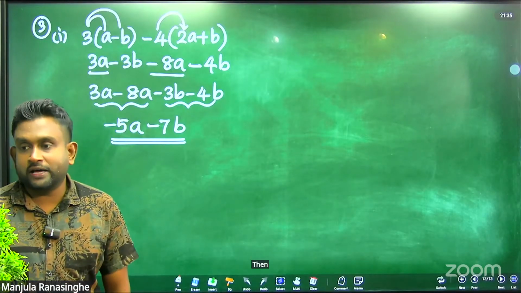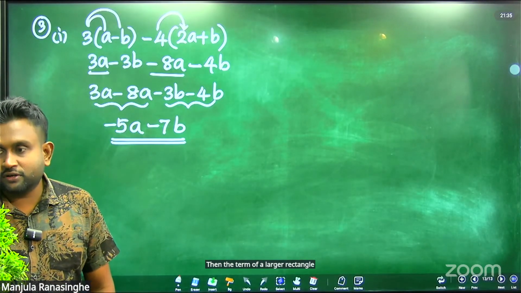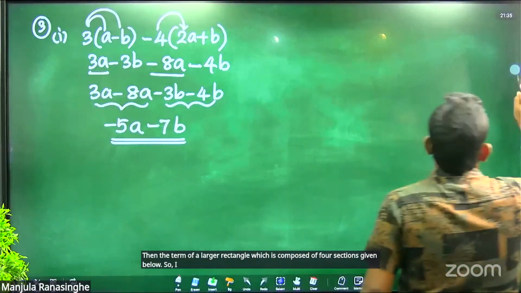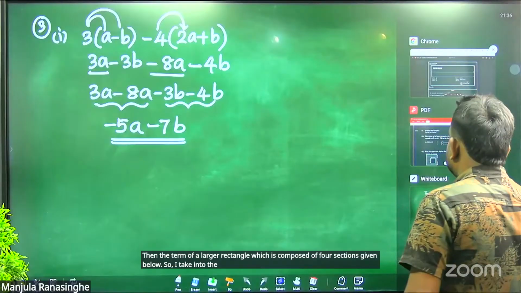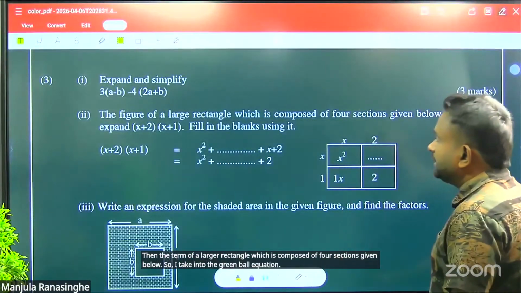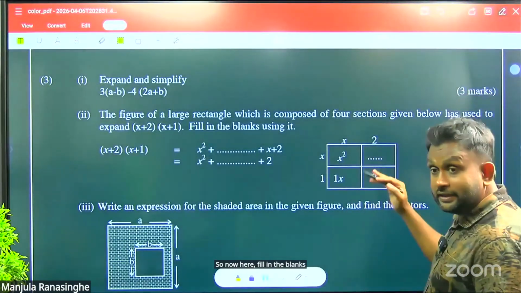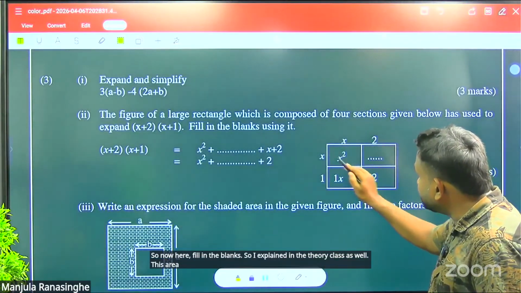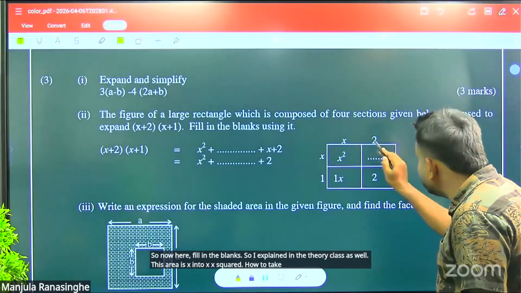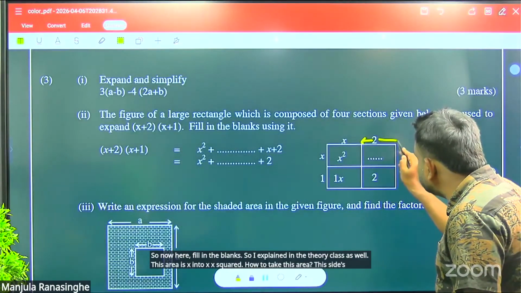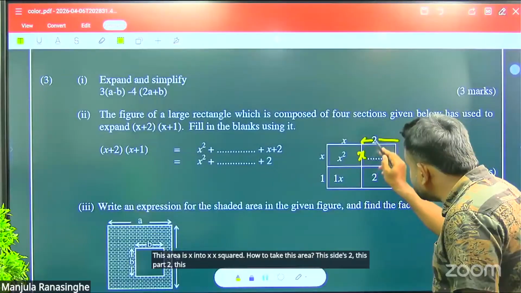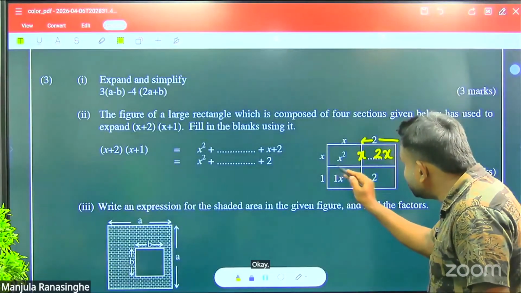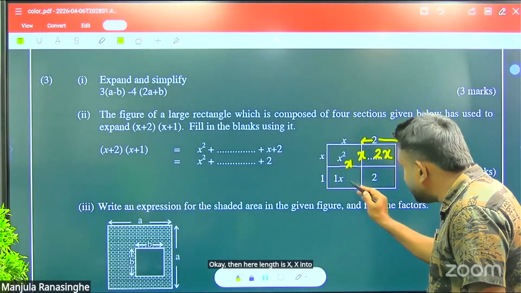Then the next one: the area of a larger rectangle which is composed of 4 sections given below. So I take it on the green board. Now here, fill in the blanks. I explained this in the theory class as well. This area is x into x, x squared. The side is 2 and the width is x, then 2 into x comes as 2x. Then here the length is x into 1, 1x.